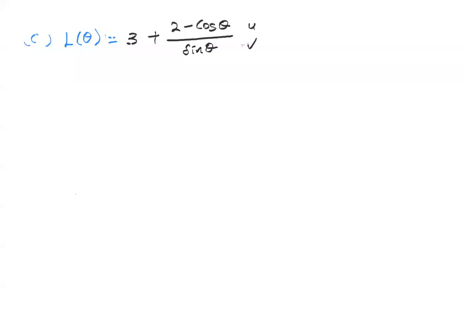Okay. So L prime theta, rate of change of 3 is 0 plus V U prime. Okay, I better write down properly.